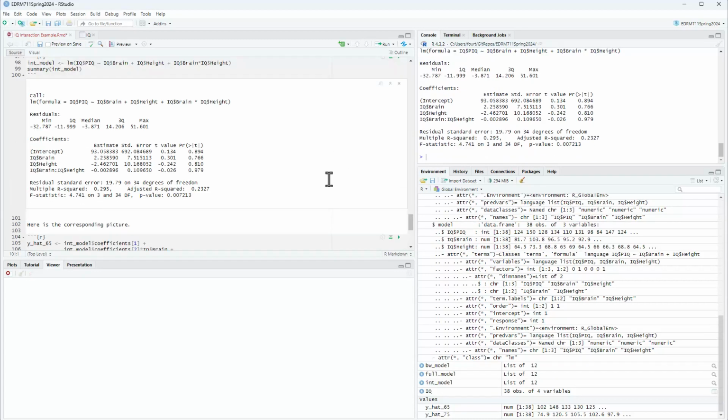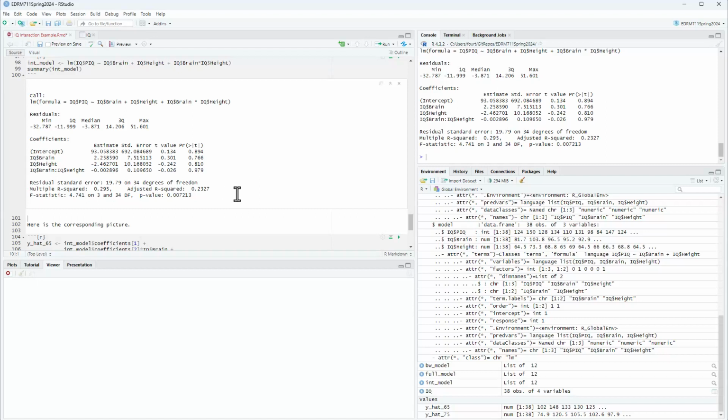And what I see in that model is that I have a really high p-statistic for interaction. This is suggesting to me, with that high p-statistic and that tiny, tiny effect size of, for all intents and purposes, 0, that there is no interaction.